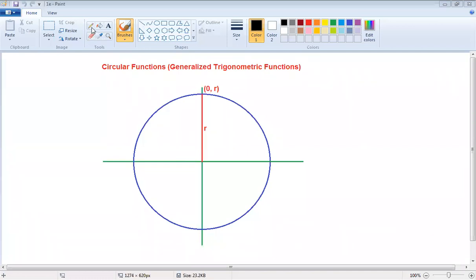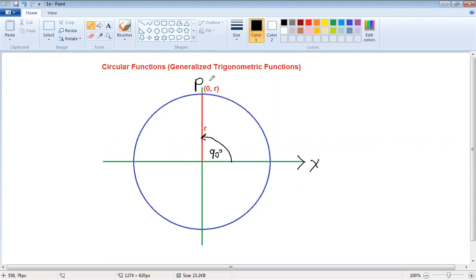We measure the angle, as I told, from the positive direction of the x-axis. Now I have taken the point P at the top of this circle. That means if we start measuring the angle from this portion, this angle is 90 degrees.